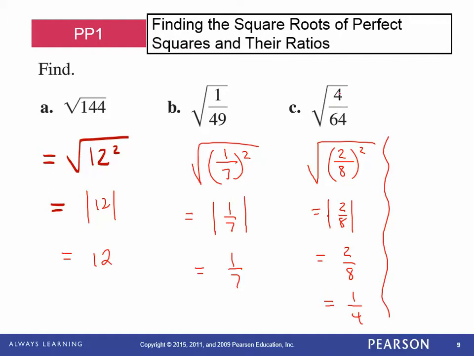Yes, absolutely, you can reduce that. 4/64 is really the same thing as 1/16, and the square root of 1/4 being squared gives you 1/16, which really is the absolute value of 1/4, which then really is 1/4. So same thing on that side as well.